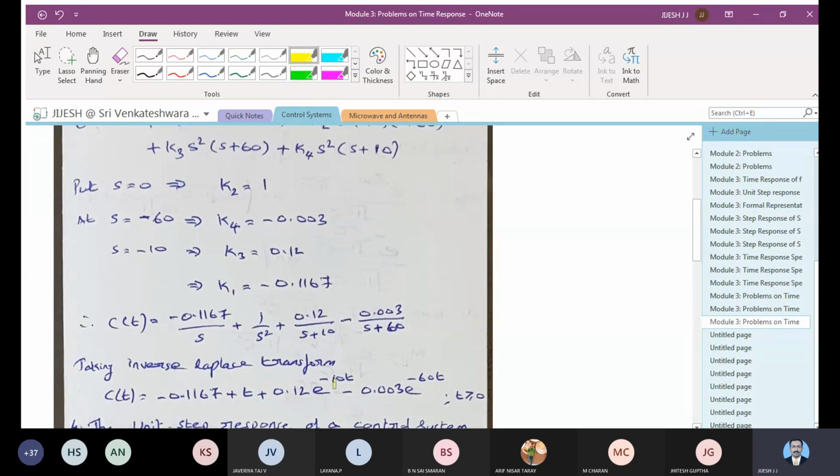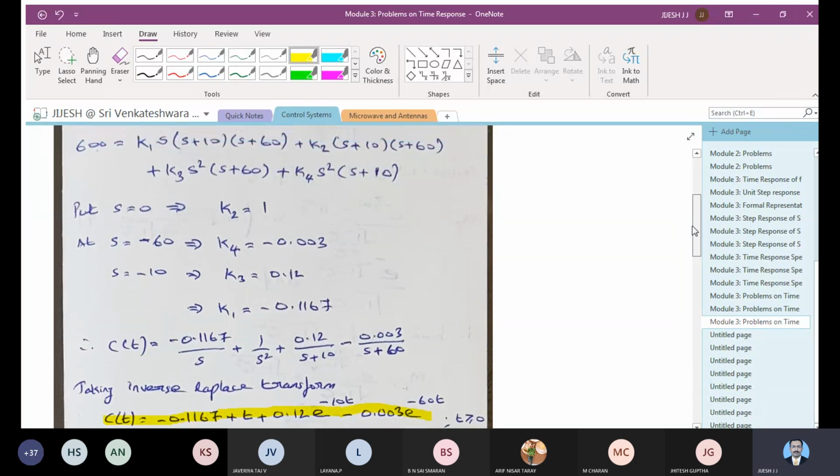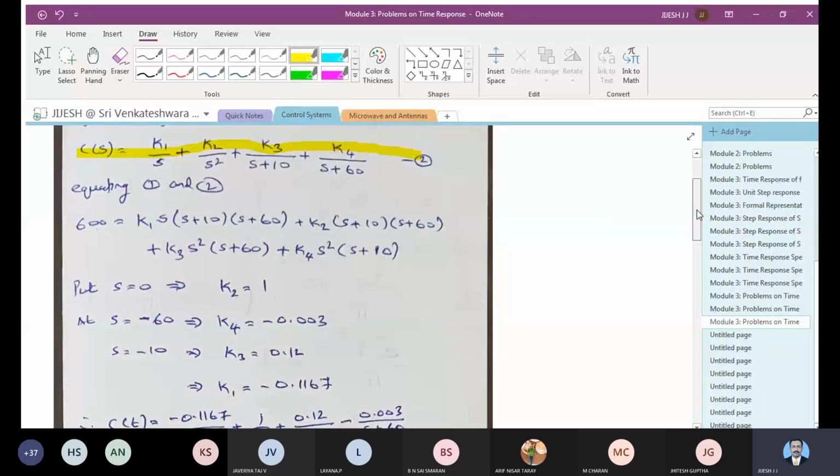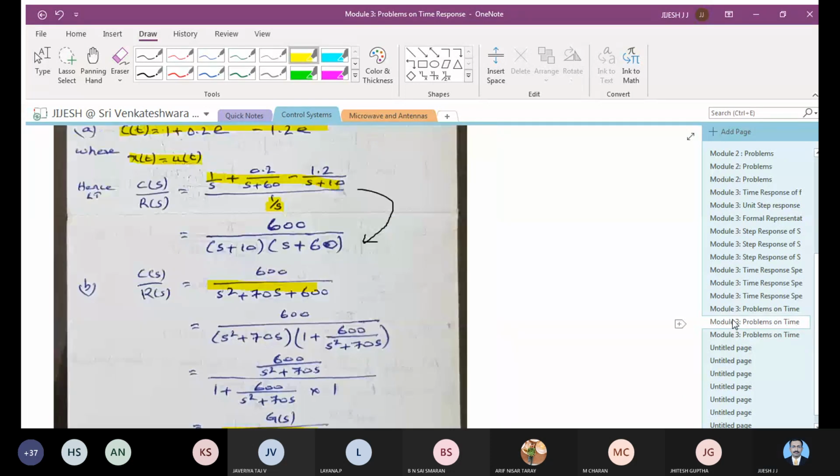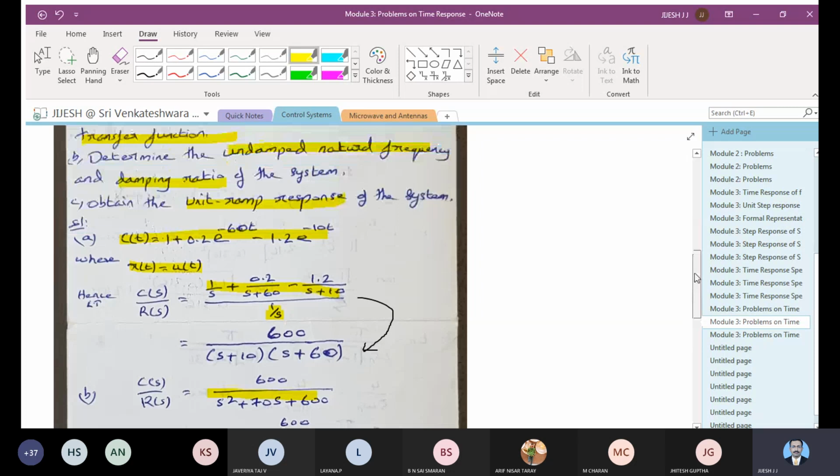So this is what you will get. What we are asked to find out is C of t. Usually in the previous sections A and B, you were given C of t, but here you are asked to find out C of t. You can see in the question, obtain the unit ramp response of the system is asked.